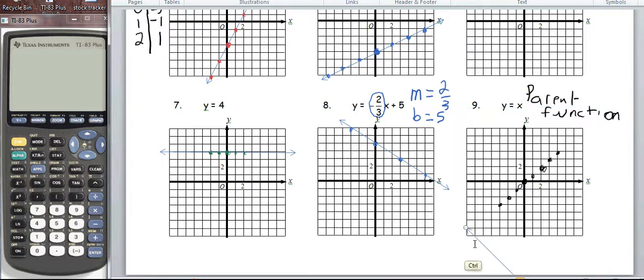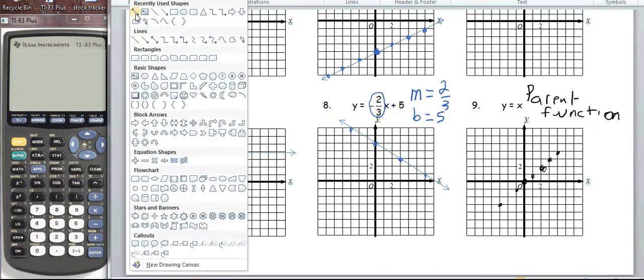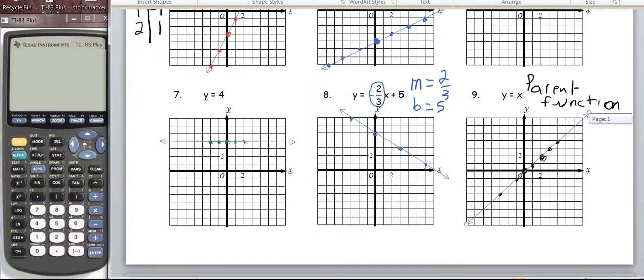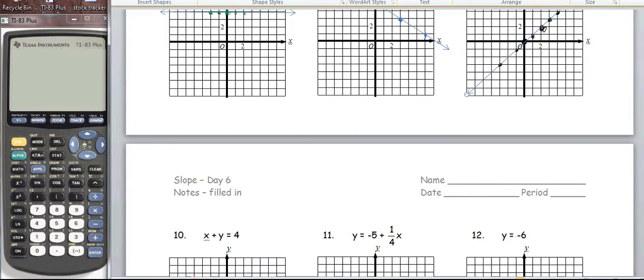I don't like the way that one came out. So let's put in our shape again. So your line should be, if it's a square grid, then it's going to be at a 45-degree angle. And it'll look like that. All right.